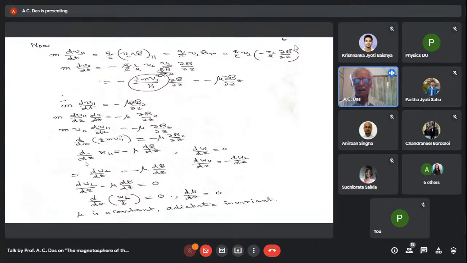You can do this calculation again by going to the equation dV/dt is equal to qE plus (1/c) V cross B. There you write V is equal to V1 plus V_d because of the electric field, which can be written as cE cross B by B square, plus V_p, which is given by (c square/B square) ∂E/∂t.